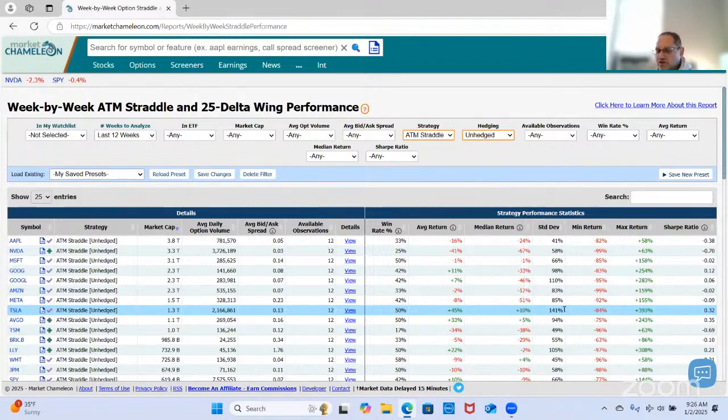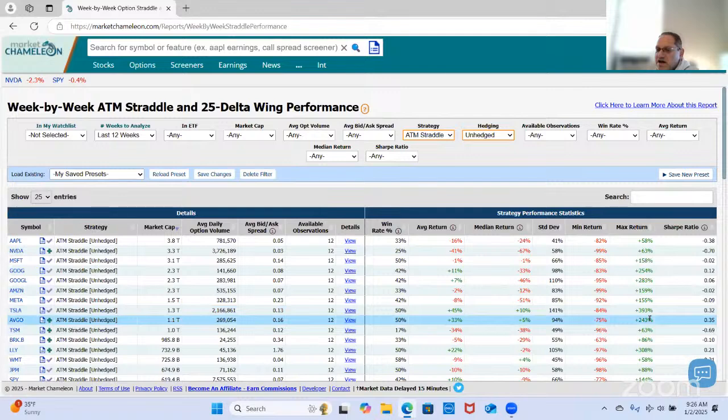Standard deviations are very high. You can see 141. The worst return was negative 84%. The best return, 393%. So you could see a really big move probably in Tesla in the last 12 weeks, at least one of the weeks, where it gained almost 400%.